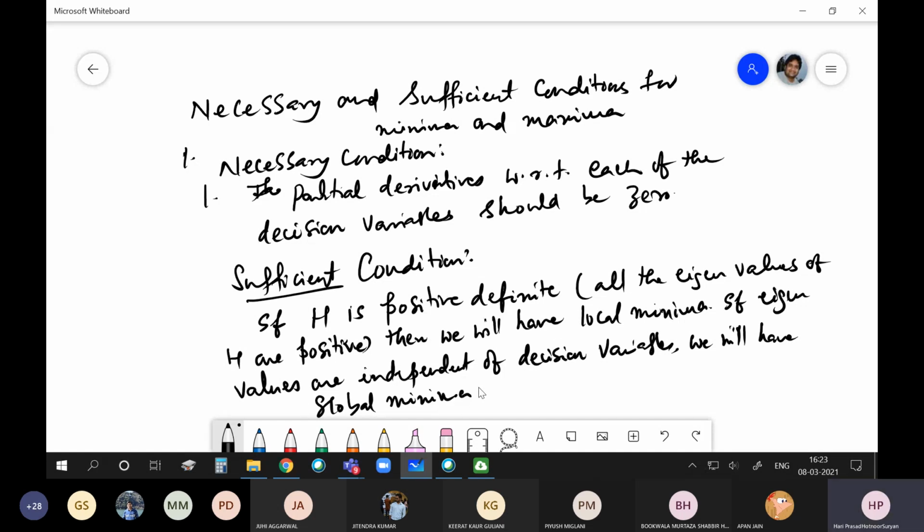What is the sufficient condition for maxima?